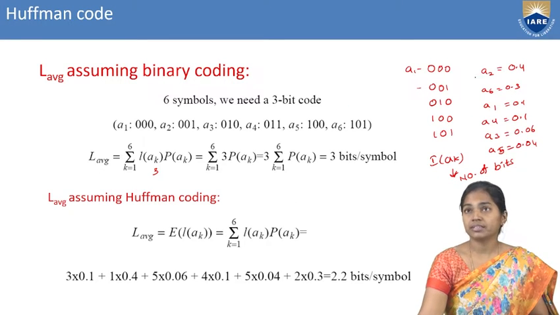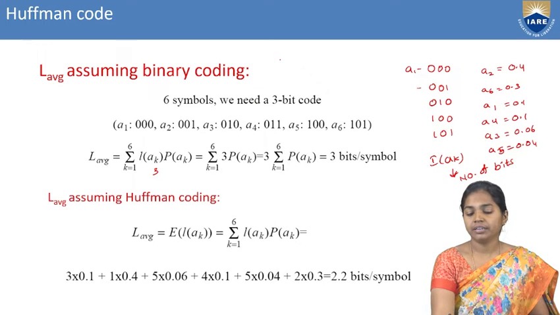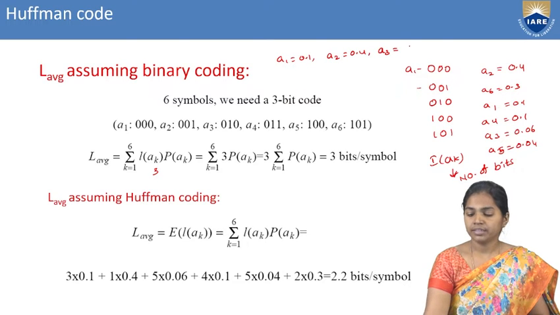Here the probabilities, just consider one example here. A1 is 0.1, A2 is 0.4, A3 is 0.06, A5 is 0.04 and A6 is 0.3.